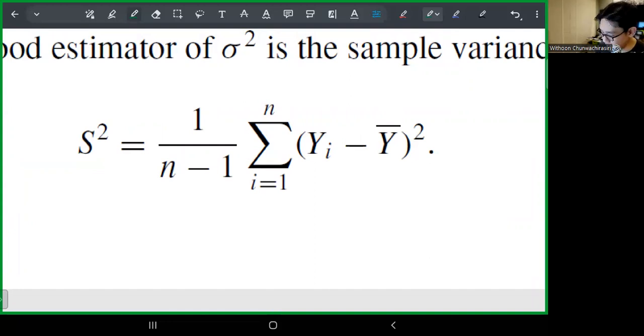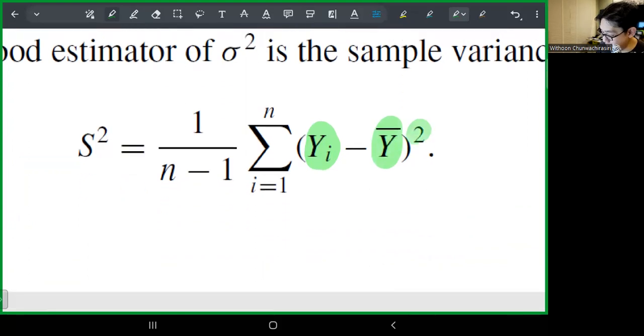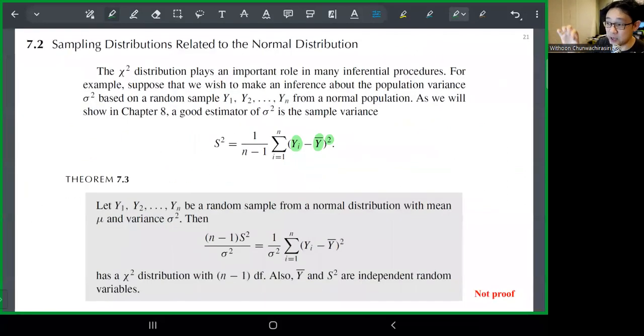You take the Y sub i and subtract the Y bar, but then you have to square it. This is the reason why you have to deal with the chi-square distribution, because you have to square. And if you standardize, it's definitely going to give you squared Z terms, and that's going to be chi-square anyway.